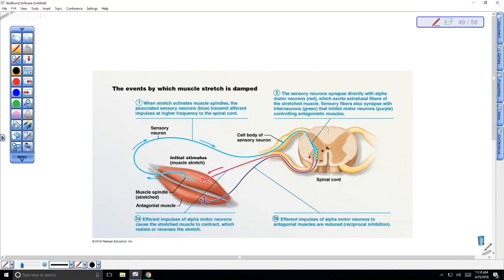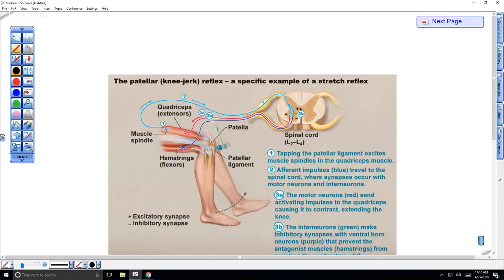So let me show you the picture of this. This is the patellar reflex. And you probably have had this done to you at the doctor's office. The stretch receptors are in both the quadriceps and the hamstring, so on top of the thigh and on the bottom.